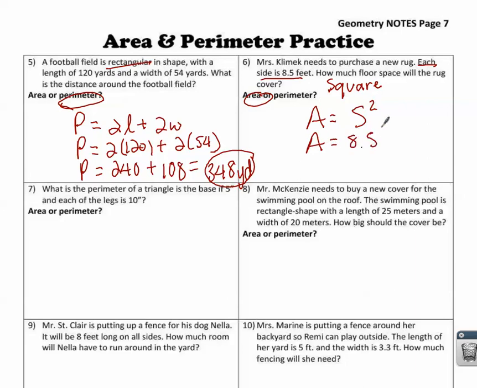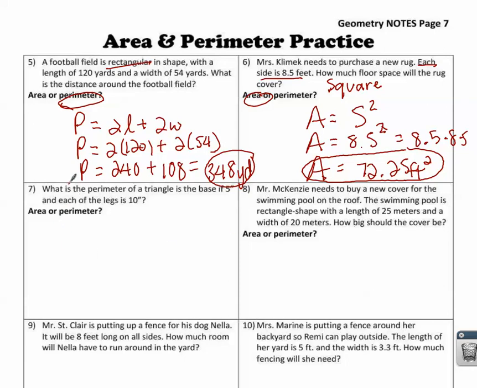So 8.5 squared is going to give you 72.25 feet squared. Remember, to square something, you multiply it by itself. So 8.5 times 8.5.